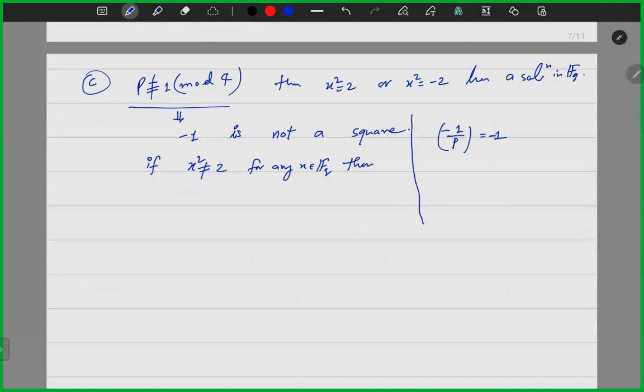So this is notation from number theory, which is given in Serre's book, A Course in Arithmetic.